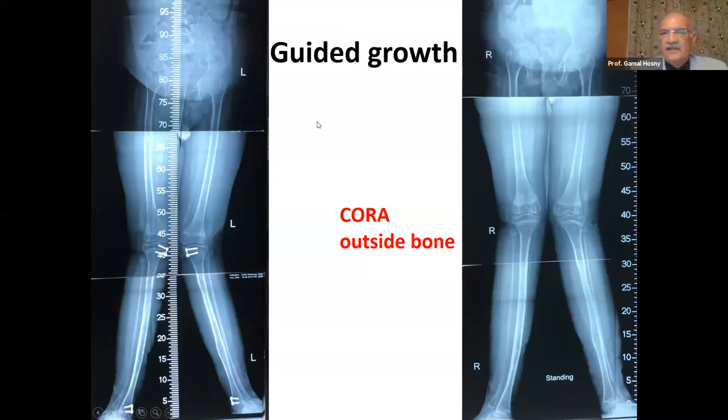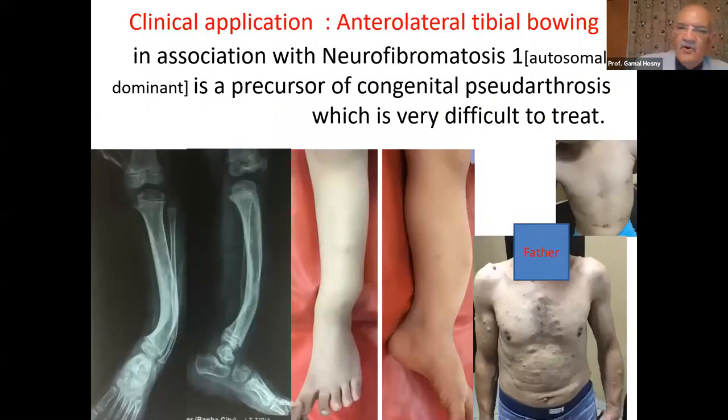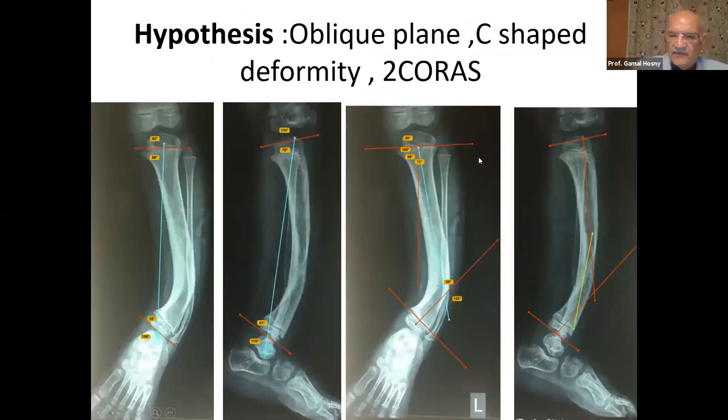Also, another clinical example: if you have anterolateral tibial bowing, you can treat it as an oblique plane deformity because you can see it in the AP and lateral, and you can ignore the site of the bowing here because we are afraid of the development of congenital pseudarthrosis of the tibia, and we treated it as a deformity.